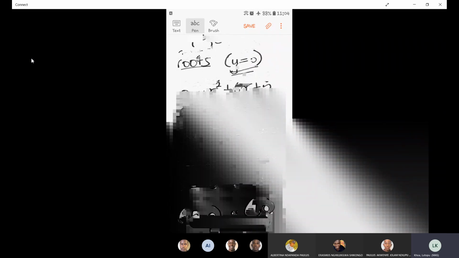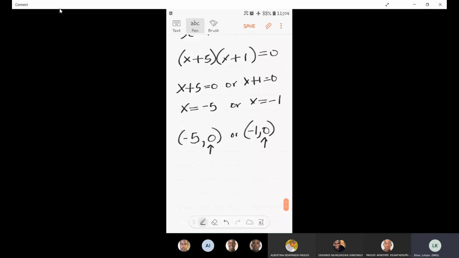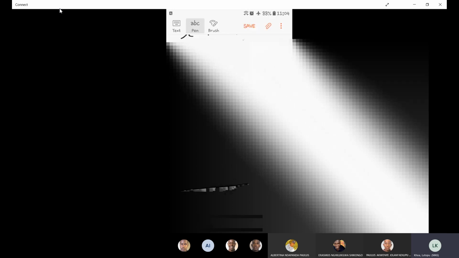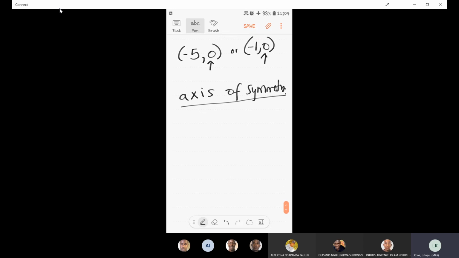And axis of symmetry, we already know what it is because we used it when we're working out the minimum turning point. But it's always good to just write axis of symmetry. We have x is equal to minus b over 2a.